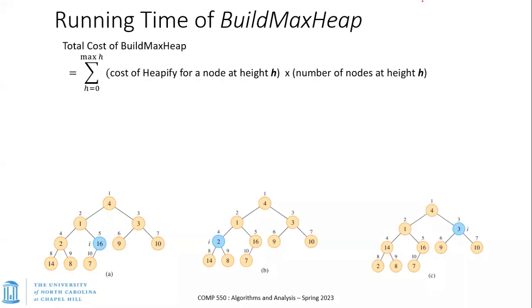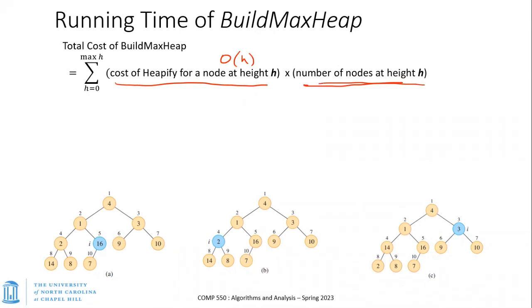This is what we were talking about earlier: the total complexity is, for each node of height h, the cost of heapify at that node, which is clearly order of h, multiplied by the number of nodes at height h.